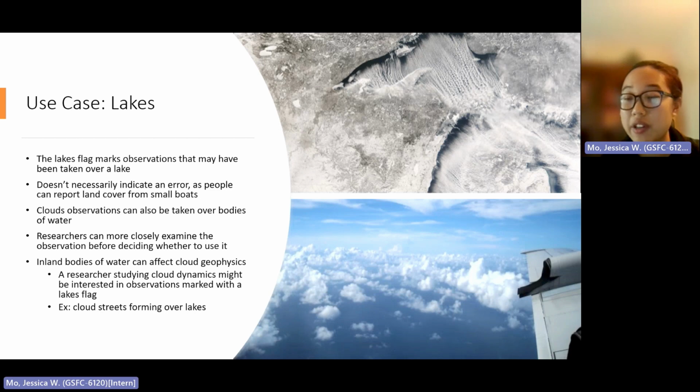And cloud streets are a geophysical phenomenon that do notably form over lakes. So if a researcher were particularly interested in cloud streets, then they would be easily able to narrow down the eligible observations that they want to use in their research data set by stratifying for only those clouds observations marked with the lakes flag, LL.